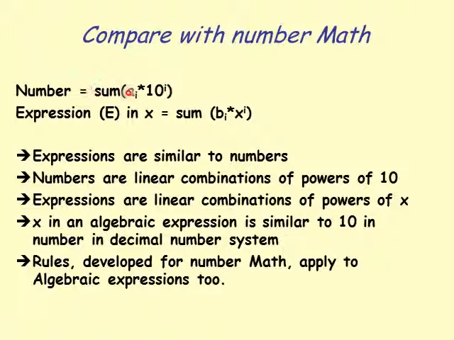If you compare these two, number and expression, and if x were 10, then the two would be equivalent. So x in an algebraic expression is similar to 10 in a decimal number system. Let's continue here. So that would mean rules developed for number math apply to algebraic expressions too. So we can use the same rules we developed for number math.